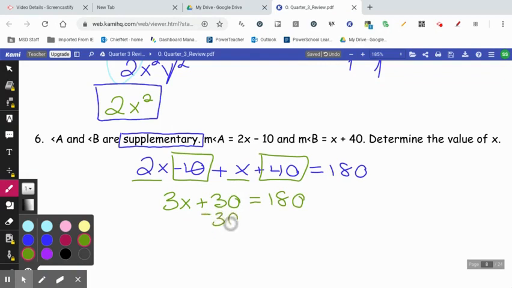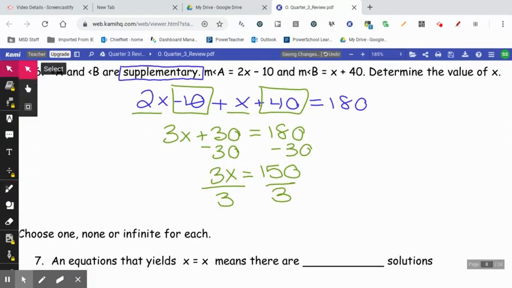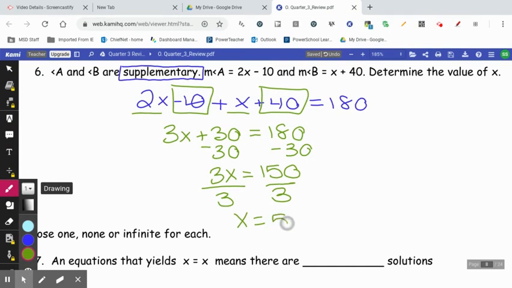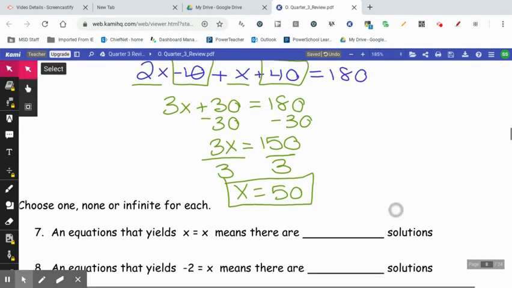Subtract 30 on both sides. And we get 3x equals 150. Divide by 3. And x is equal to 50. That's all we had to do according to our problem, so we are done. We found out the value of x is 50.